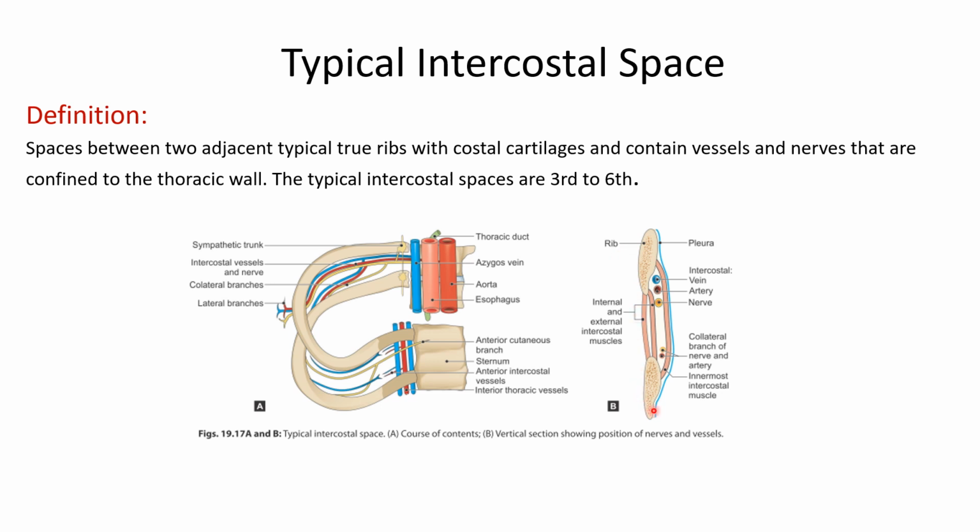In this picture, you can observe the two ribs and between them the intercostal space containing the external and internal intercostal muscles and the innermost intercostal muscle, with the neurovascular plane in between the internal intercostal and innermost intercostal muscle.